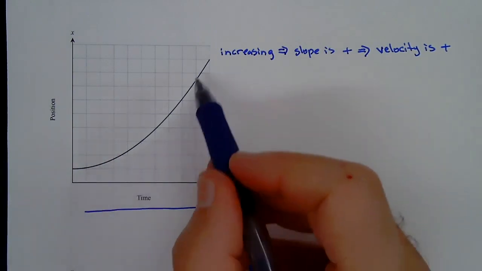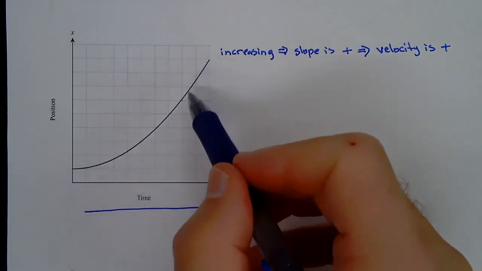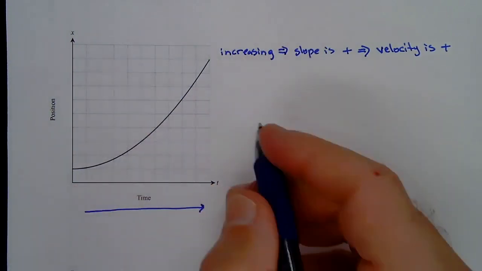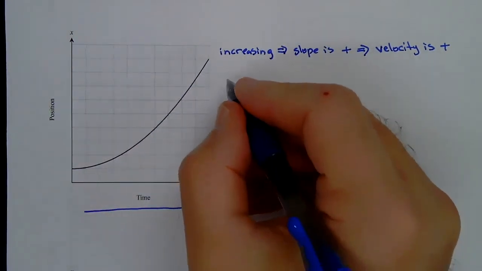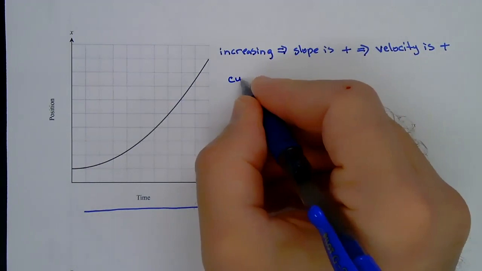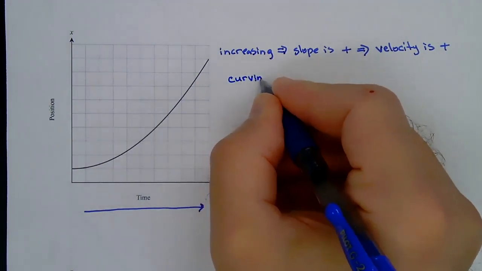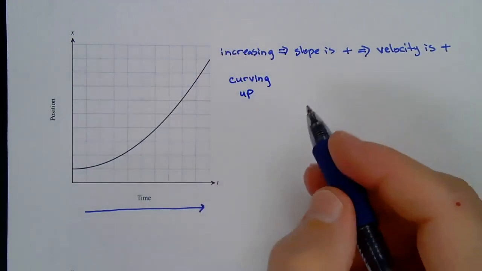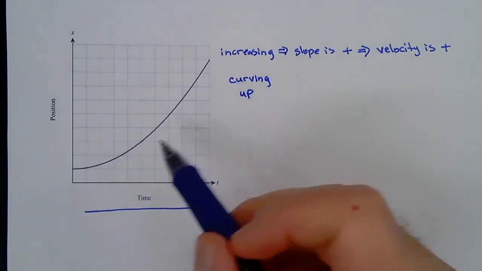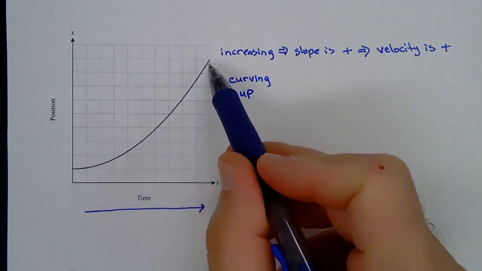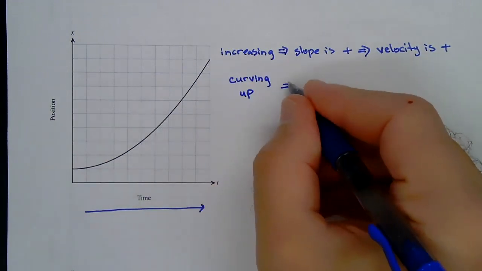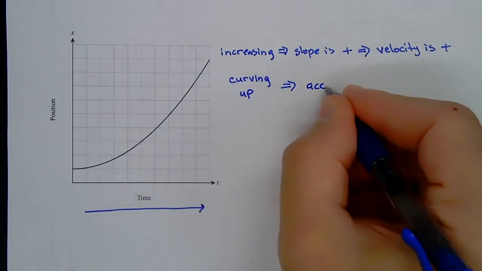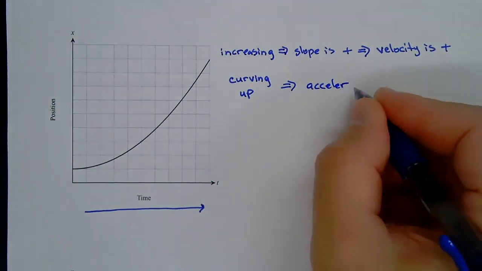Now, the curvature of this: it's bending, and you can see the curvature is up. So, curving up. The curvature on a position time graph will tell us the acceleration, so since it's curving up, the acceleration is positive.